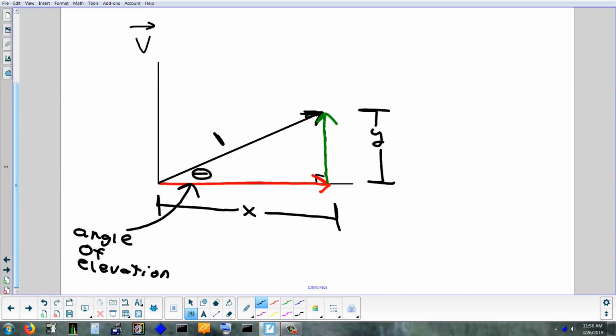I'm going to call it vector v. So the red one I've labeled as x. That's a length. The green one I labeled as y. That's a length. The black one, I just labeled it as v. That's not the length of v. It's just the thing that you're looking at right here, the actual object. Okay. Questions on that?